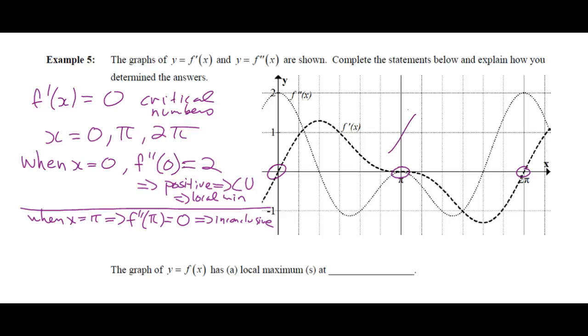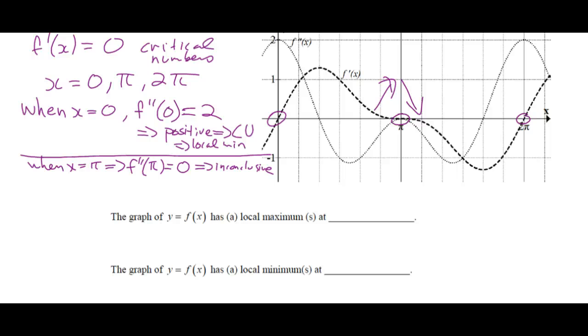So we're increasing and then decreasing, which leads to a local max when x is equal to pi. The first derivative test indicates a local maximum at x equals pi.